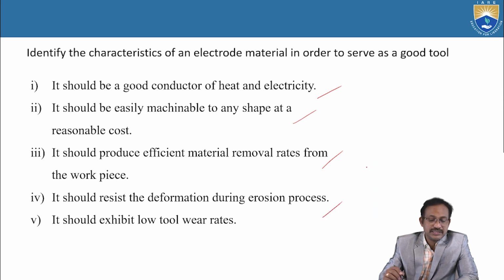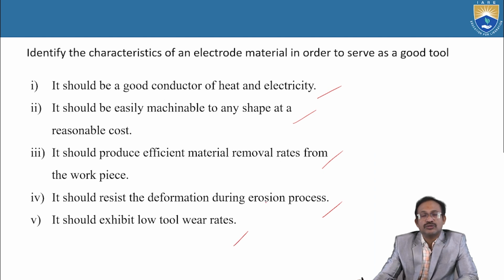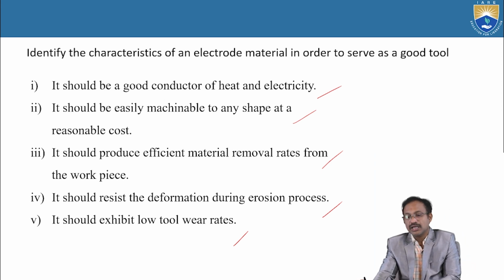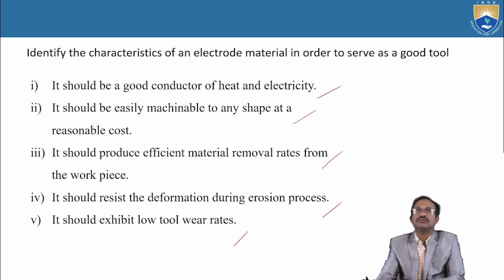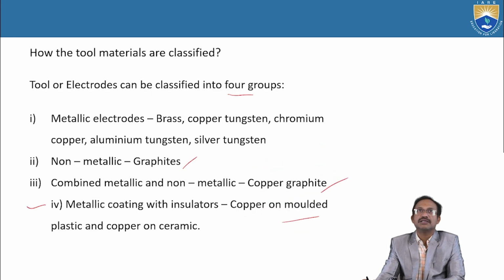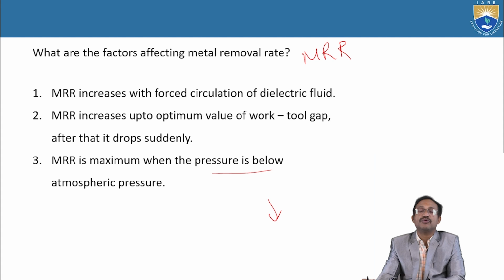It should resist deformation during the erosion process. It should exhibit low tool wear rates. So these are the characteristics of electrode material in order to serve as a tool in the electrode discharge machine. Before we conclude, let us rewind one or two important points.